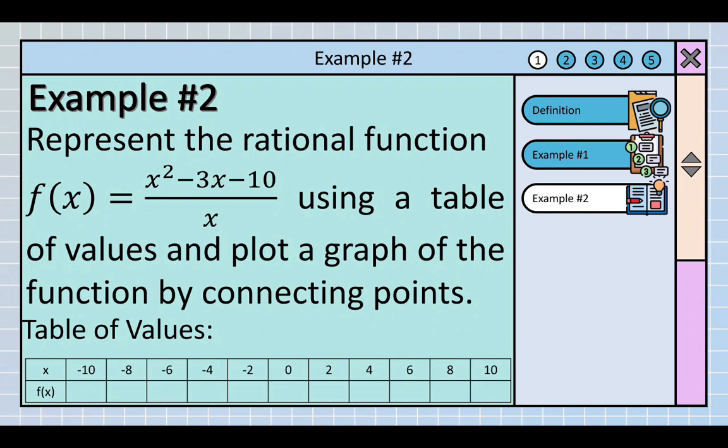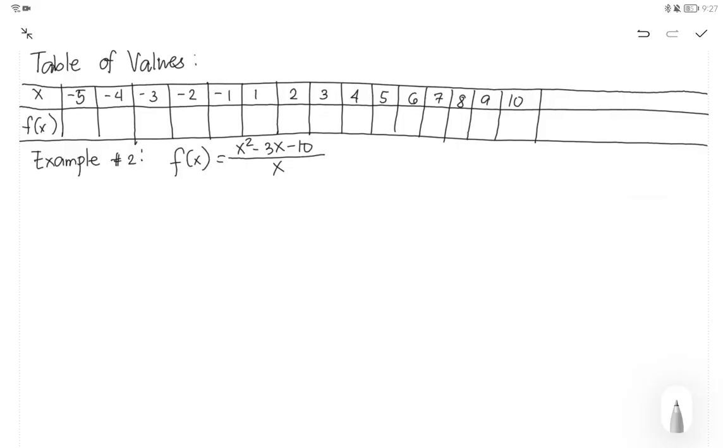Okay, same with example number 1. This is our rational function. Tanang x, ilisan sa tanang given values ni x para makita nato ang value ni f of x. So we can graph, we can plot a graph sa Cartesian coordinate plane.